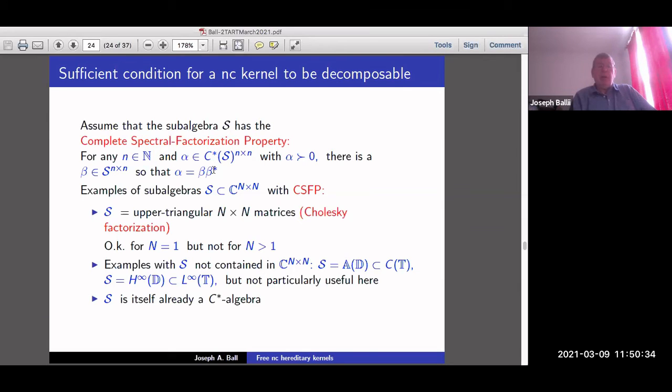You have to factor it as beta beta star with beta in the algebra S. So if S is upper triangular matrices, that's no problem when n equals 1. But you have problems when n is bigger than 1. You can do this when S is the disk algebra or H infinity of the disk, but that's not what's coming up here. And the easiest example which has this property is S is already itself a C star algebra.